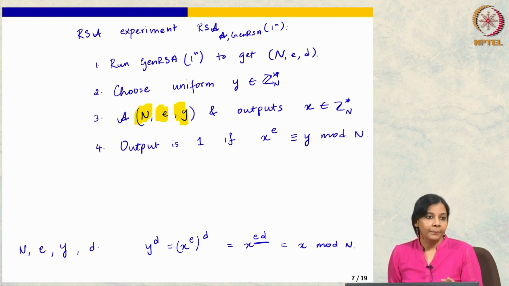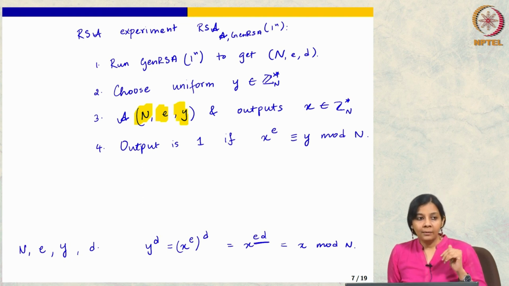Yes, phi of n is actually dependent on the factors. Phi of n is going to be p minus 1 times q minus 1. So if I have p and q, I can compute phi of n. If I have phi of n, I can compute d using the extended Euclid's algorithm, the way that I already showed you on the previous page. So what did I show?